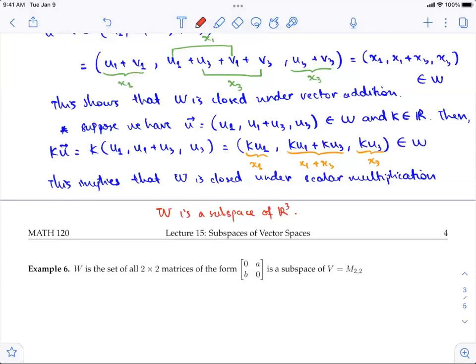So far we have just dealt with sets of vectors. Now we move on to another example where we have to deal with a set of 2x2 matrices.